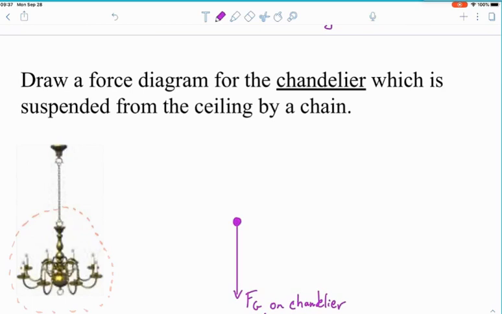But we do not have a normal force pushing up on it because a normal force is a support force that needs to change in response. But this is not sitting on something like the floor. Instead, you have a chain pulling up on it. Well, a chain pulling up on it would be a tension force.